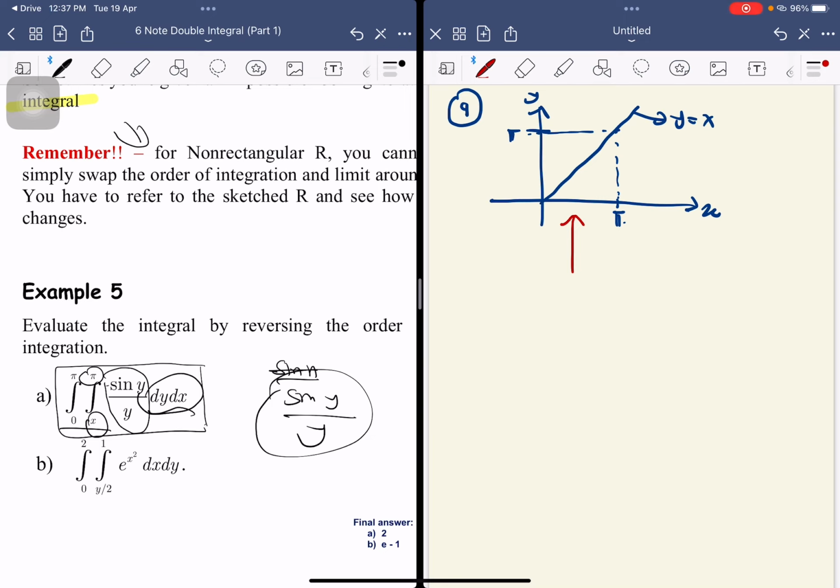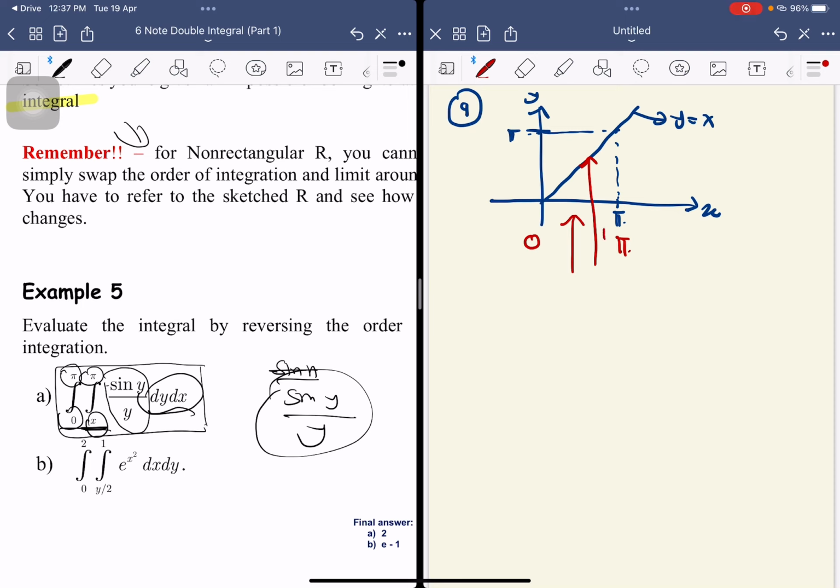So between 0 and pi for x is correct. For the y limit, the lower limit is y equal to x, meaning the vertical strip should meet this line first, so that's why it became the lower limit.